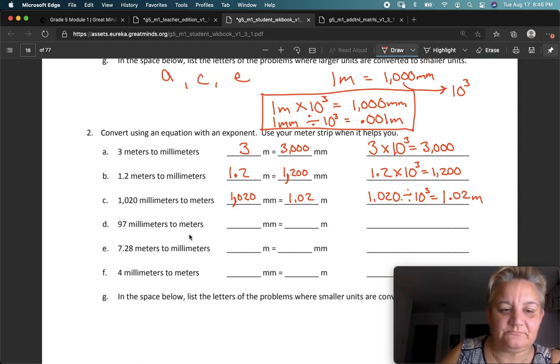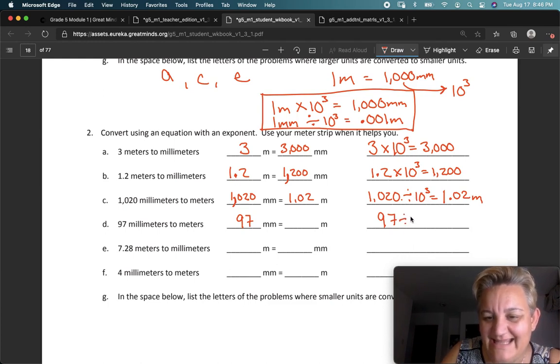Next one, 97 millimeters. I want to change it to meters, so I'm going to use the same formula. I'm going to divide by 10 cubed, and I'm going to move it over 3 spaces, 1, 2, but there isn't one there, so I need another zero. Okay?